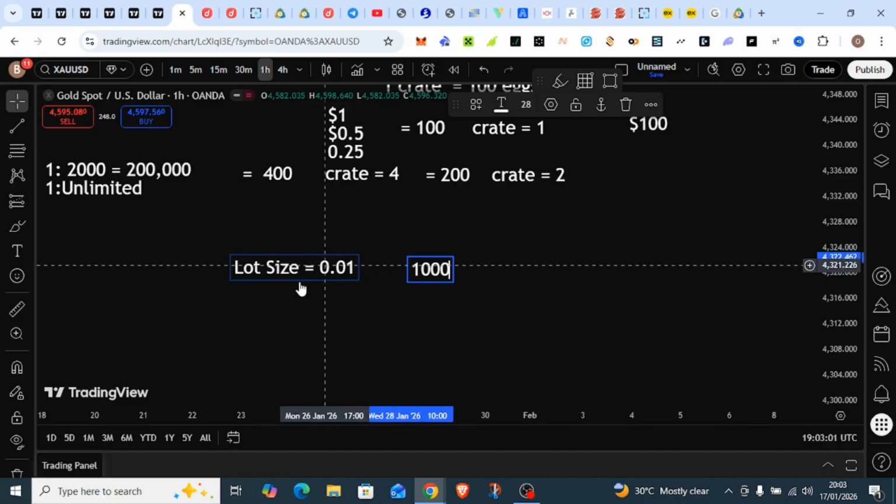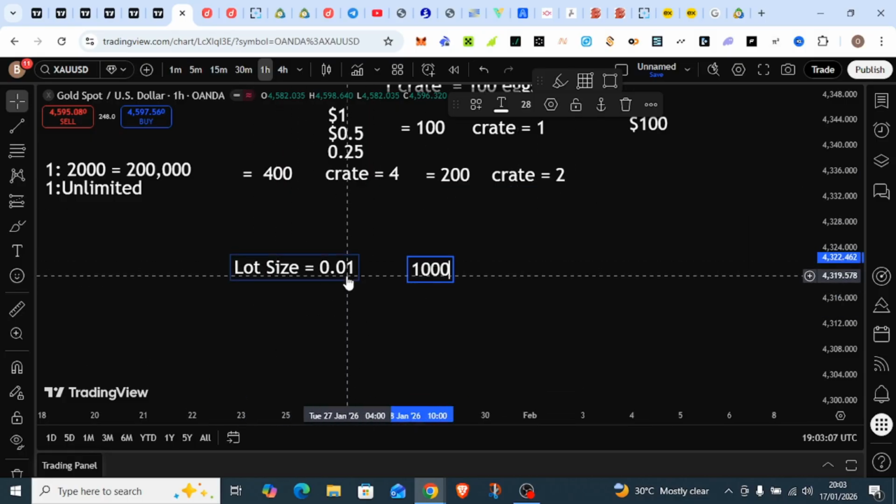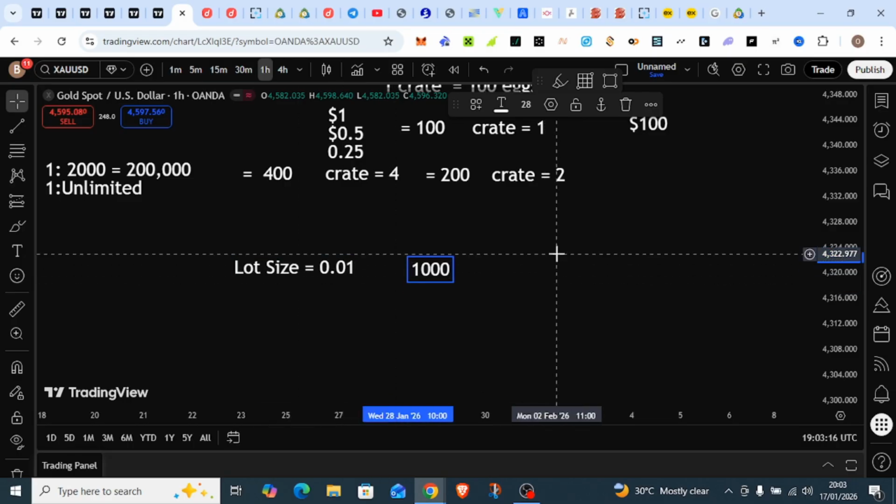So assuming we've calculated our lot size to be this, we need to buy 1000 units. Not actually $1000 of this. We are buying 1000 units. That's in quantity, which I've explained here.